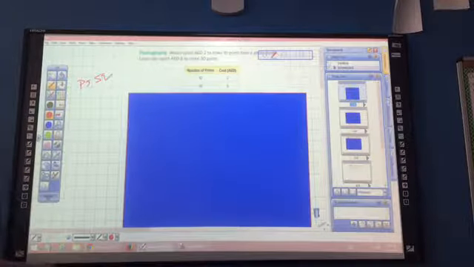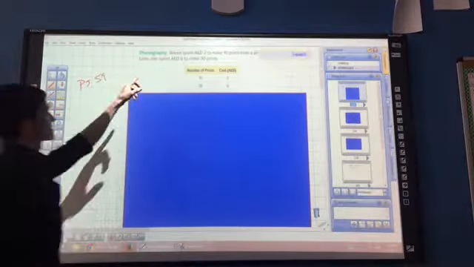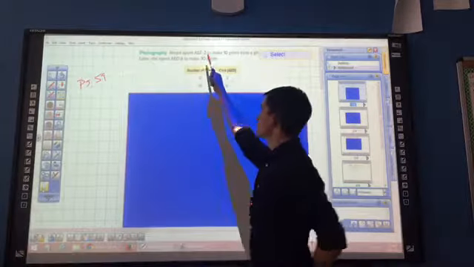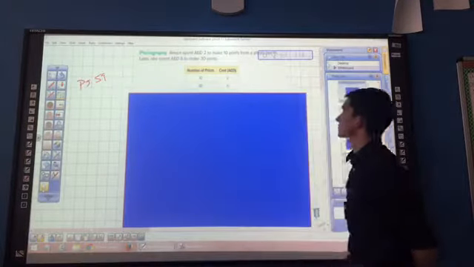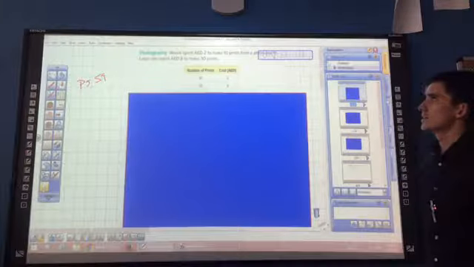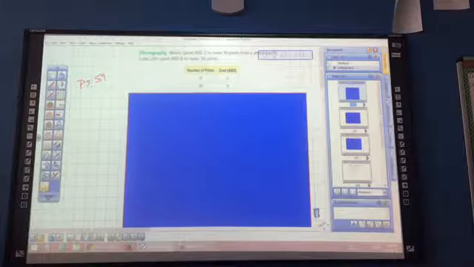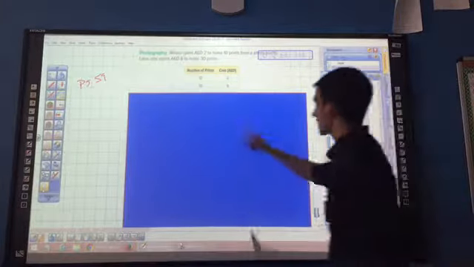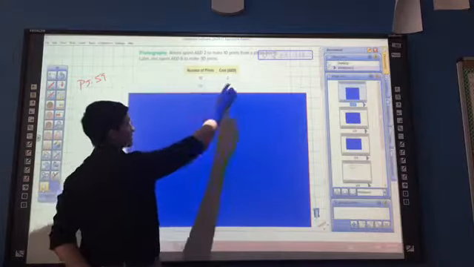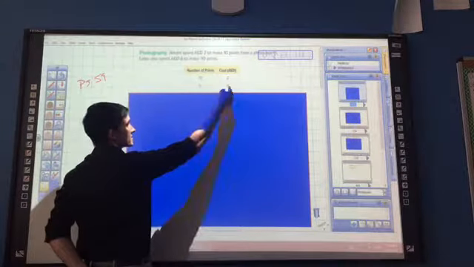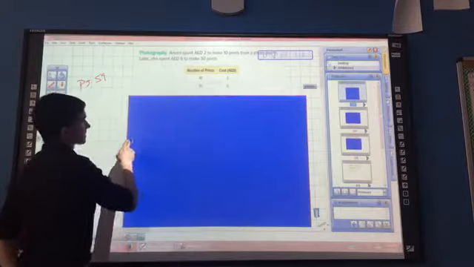It starts off and it says, Amani spent 2 dirham to make 10 prints from a photo booth. Later she spent 6 dirhams to make 30 prints. And that information is seen in the table. So 2 dirham, 10 prints, 6 dirham, 30 prints.